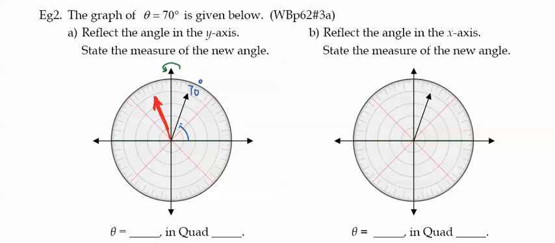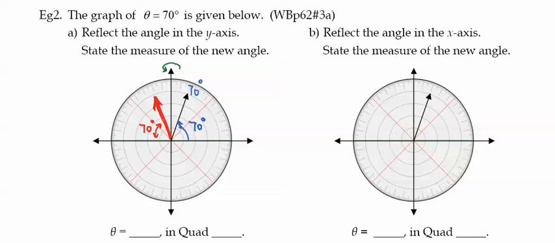Well, obviously this angle wouldn't be 70 degrees. We had 70 degree here. When you reflect this angle in the y-axis, that would also be 70, isn't it?